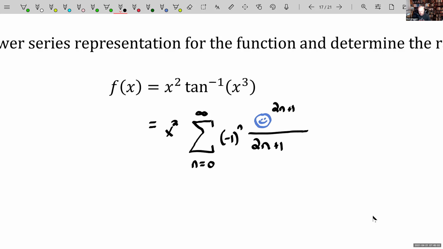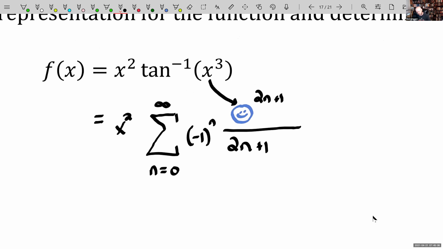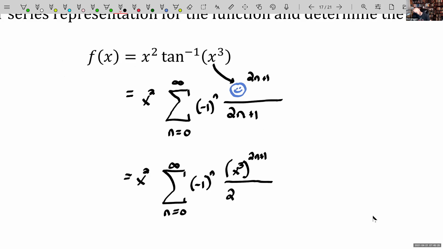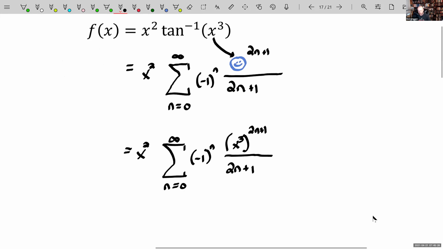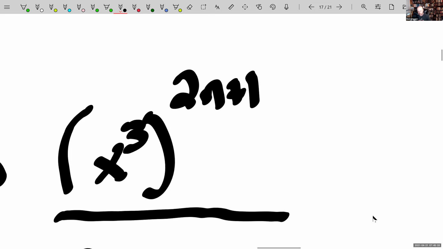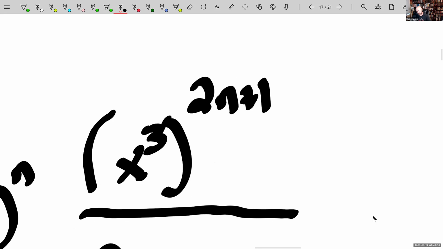This is a really nice way to think about it, that it's just the argument that you're plugging in there. So I'm going to replace that happy face with the argument. x squared, summation n equals 0 to infinity, negative 1 to the nth, and then we have x cubed to the 2n plus 1 all over 2n plus 1. And remember, laws of exponents, powers raised to powers will multiply. So that will be a power of 6n plus 3.